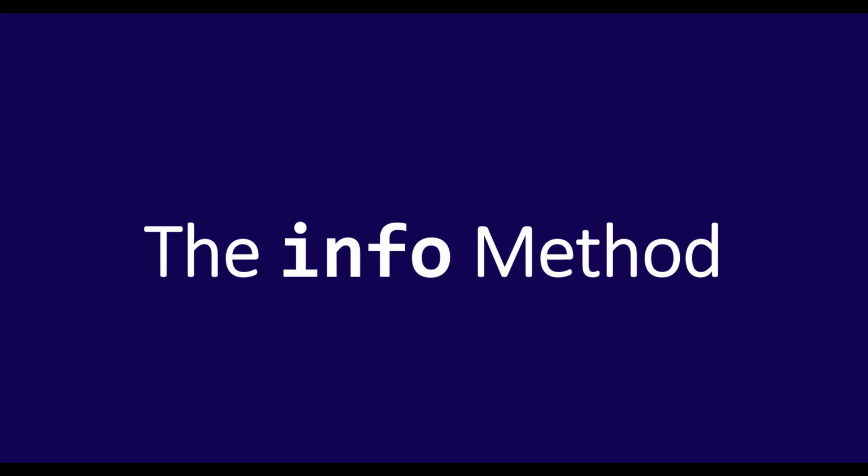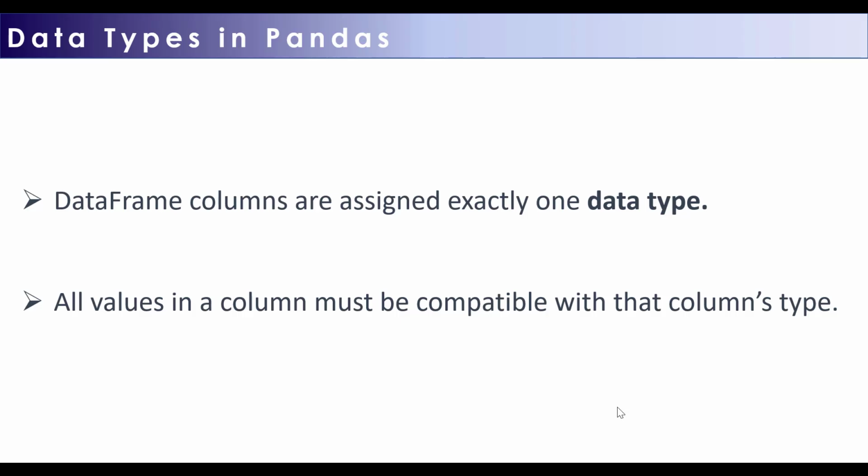Well, that's because working with the info method requires that you have some understanding of a fundamental concept of data frames that we haven't covered so far, and that is data types. So in contrast to other applications you may have used to work with data, like spreadsheets for example, in Pandas DataFrames, columns are assigned exactly one data type.